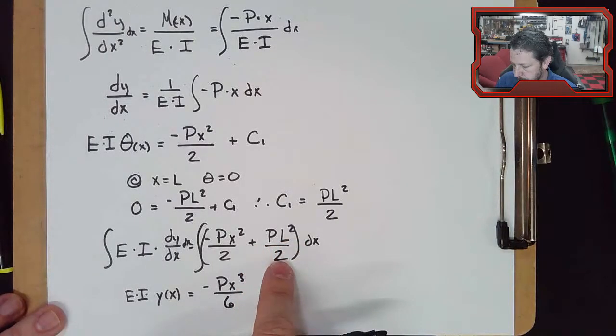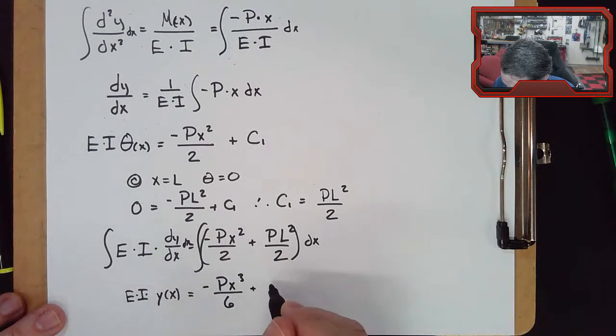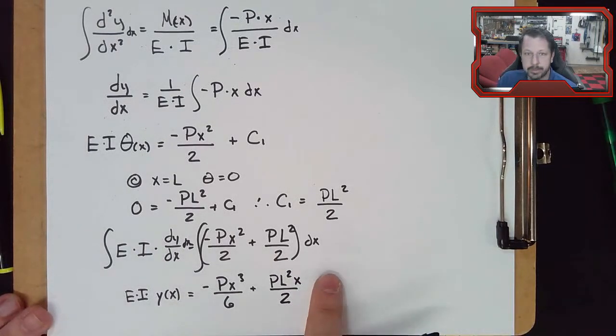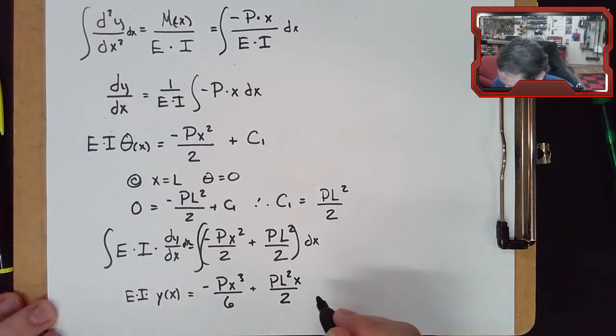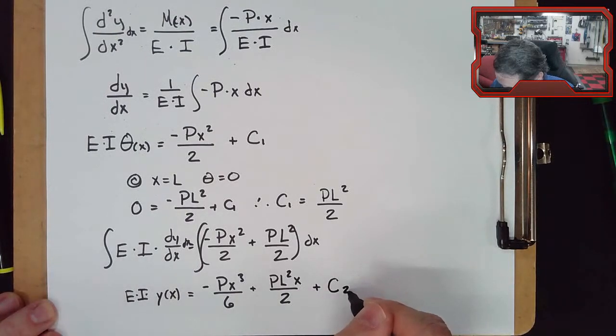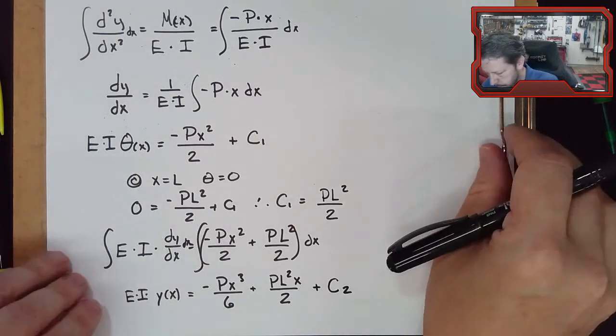PL squared over 2 dx is plus PL squared x over 2. I generate another constant of integration, so plus C2. And we have to start a new page.